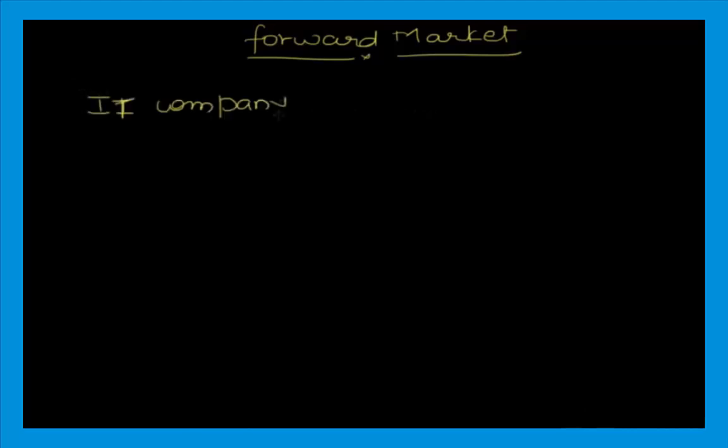Now that we've understood what a spot market is, let's try and understand what a forward market is for currencies. Say for example, you are an IT company and you've been serving a lot of clients in the US. You are expected to receive $5 million next year.